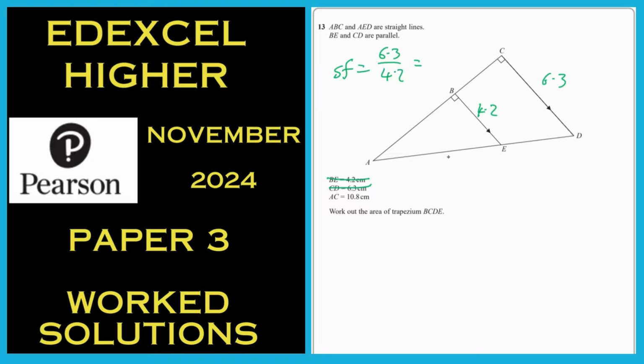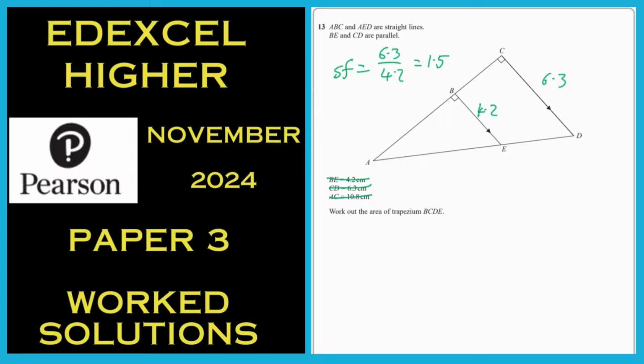In other words, the scale factor, the multiplier, is 1.5. Now, if you've chose to go from there to there, if you've done 4.2 divided by 6.3, that's fine. You've just got your multiplier. That just means 2/3. It's fine. Doesn't matter.